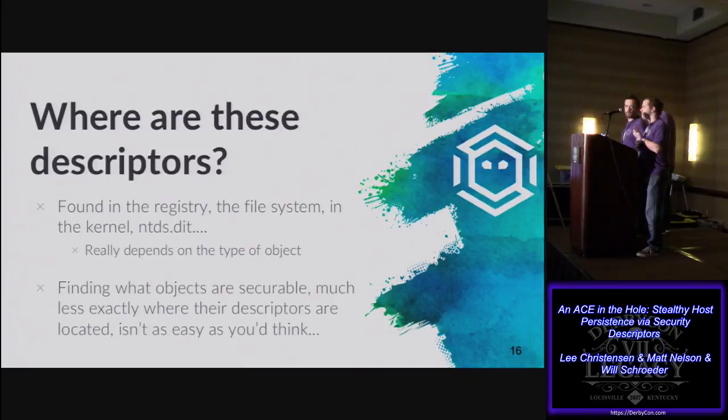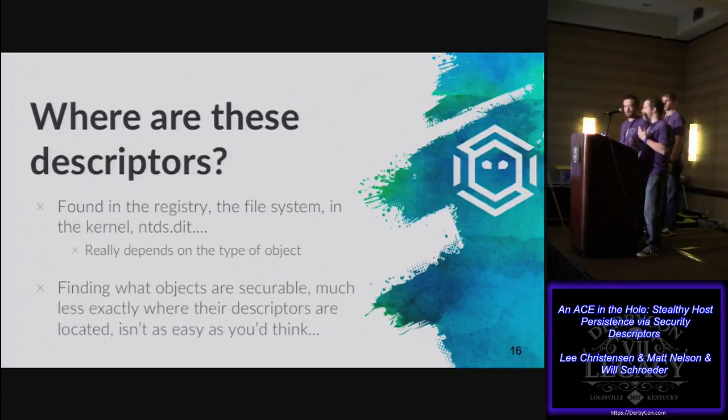So where are security descriptors found? They're found all over the place. It really depends on the type of object. You can find them in the registry. They may be in a configuration file on disk, in the kernel, in memory in the kernel. With Active Directory, they're stored offline in the ntds.dit file.